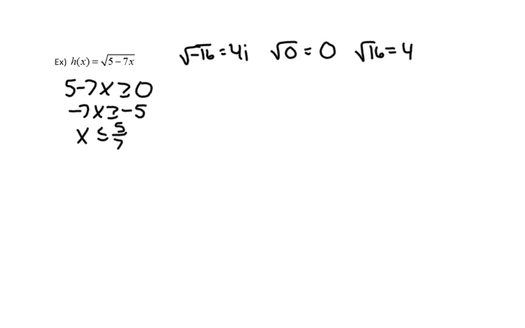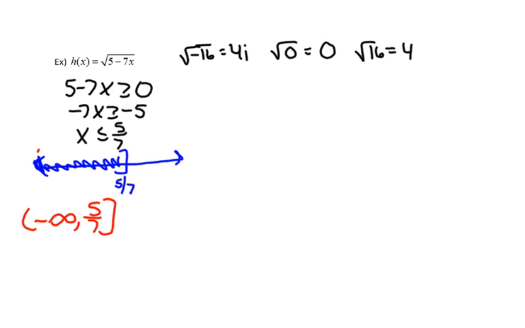Now let's put this on a number line. So 5/7 is included, so I will have a bracket, and we know the smaller values are to the left. So in interval notation, I would start with negative infinity to 5/7, and that is a bracket.